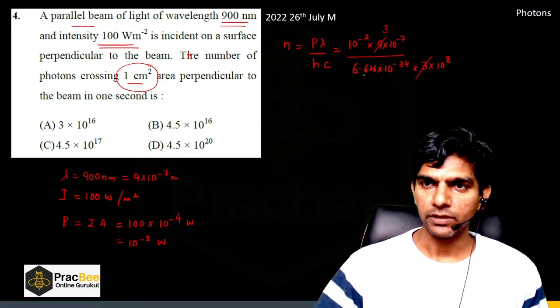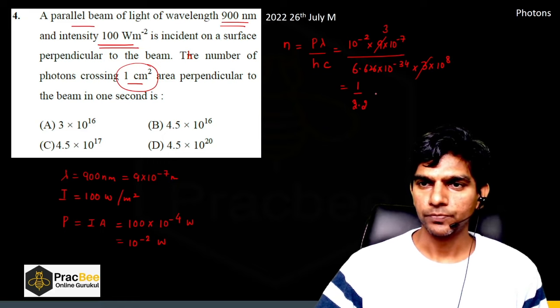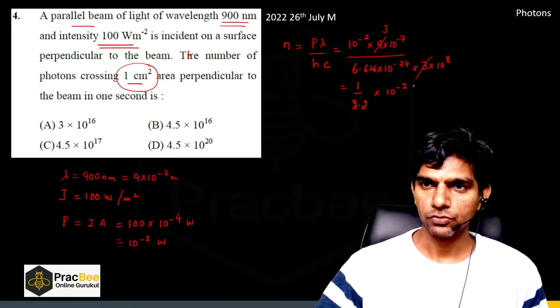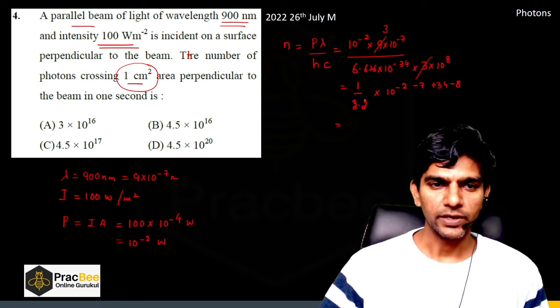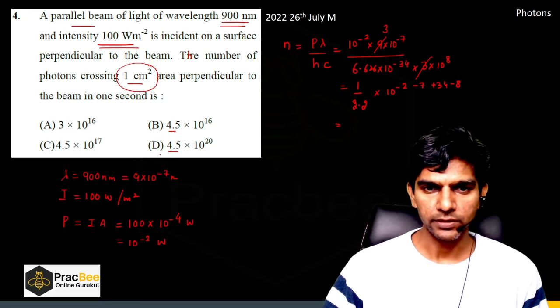So let us simplify this. So we have 1 upon 2.2 times 10 raised to power minus 2 minus 7 plus 34 minus 8. Now 1 by 2 is close to 0.5, right? So in the options, can you see there is a factor of 4.5?